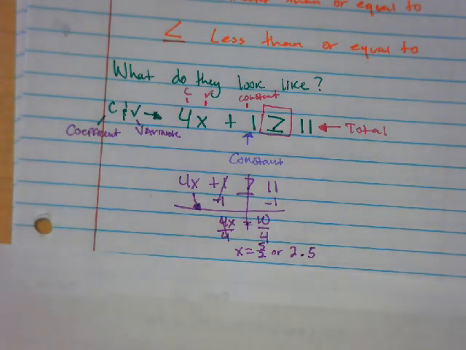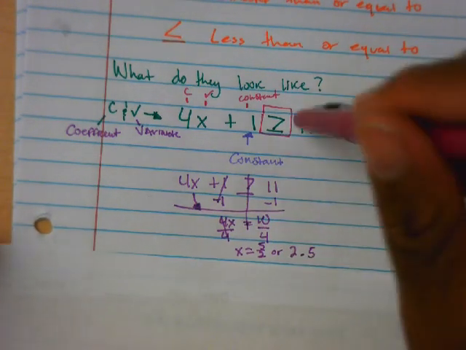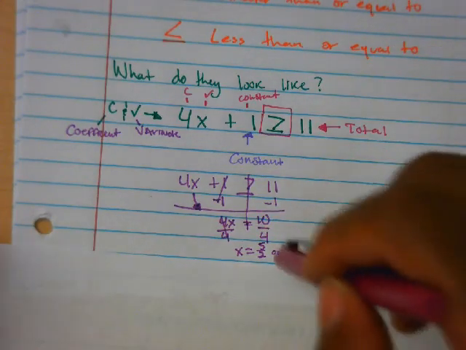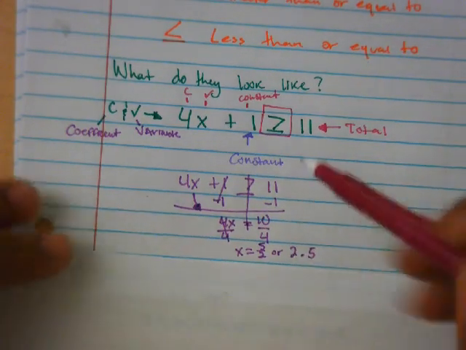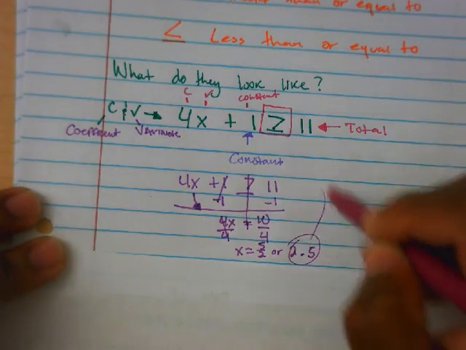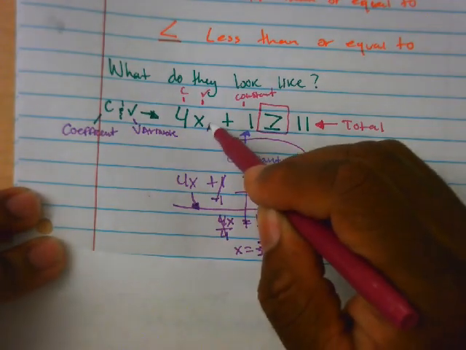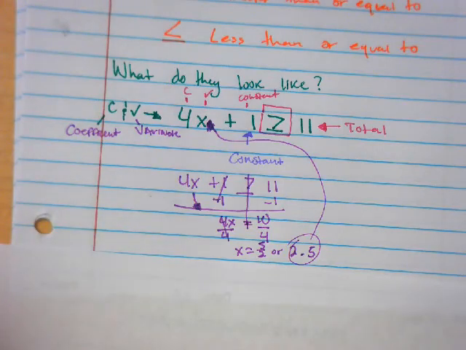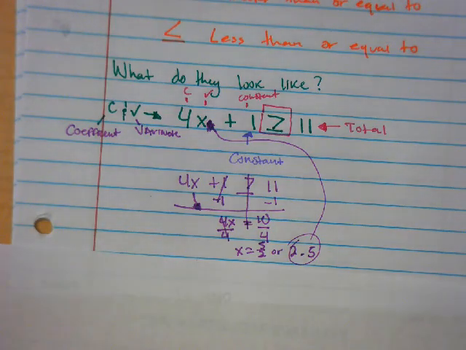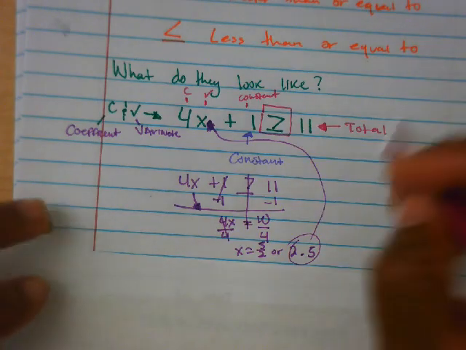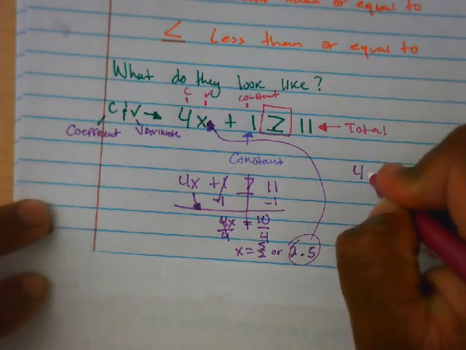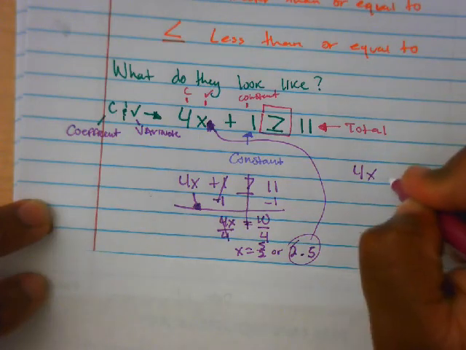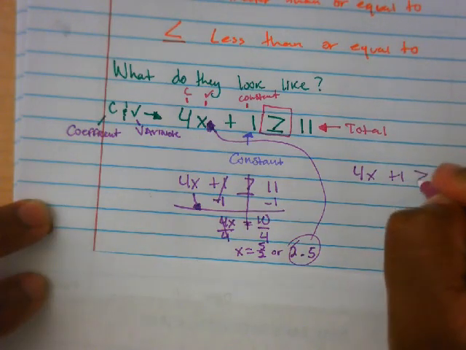So you may be thinking, well, that x is not greater than or equal to 11. No, but if I put this x into my inequality, then that answer is greater than or equal to 11. To test it out, I can say 4x plus 1 is greater than or equal to 11.